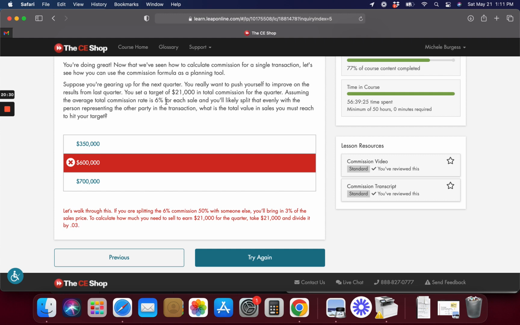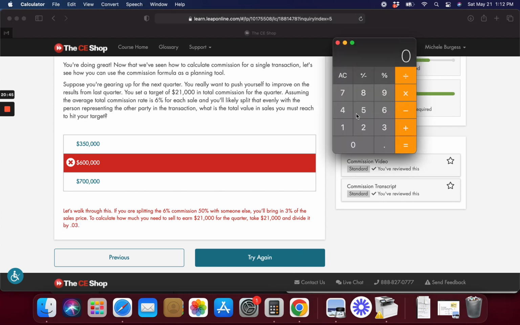A lot of these involve more than one step. So you're going to take the 21,000 and divide it by 0.03. 21,000 times 0.03 is 630. So what is that saying?